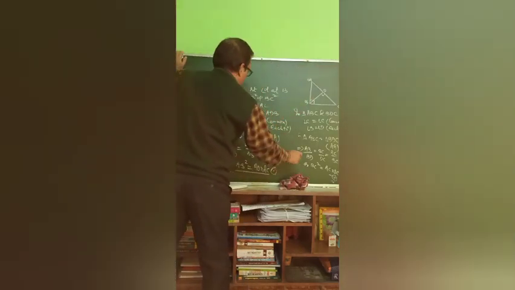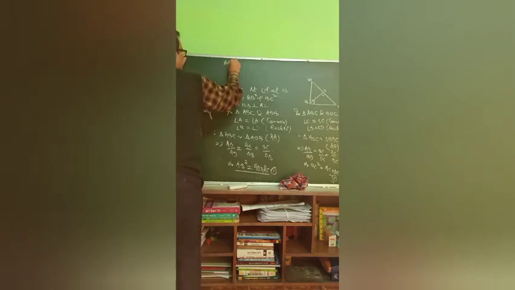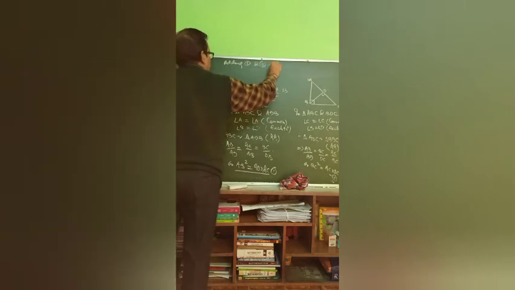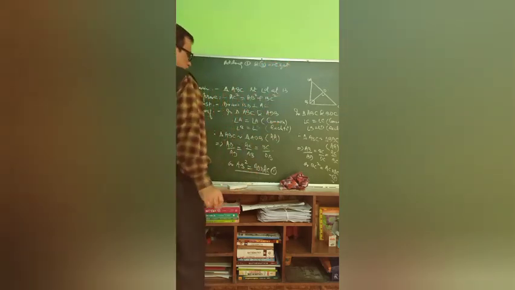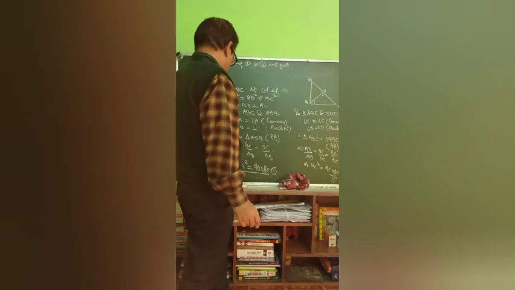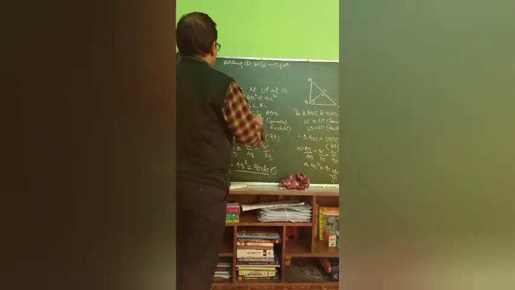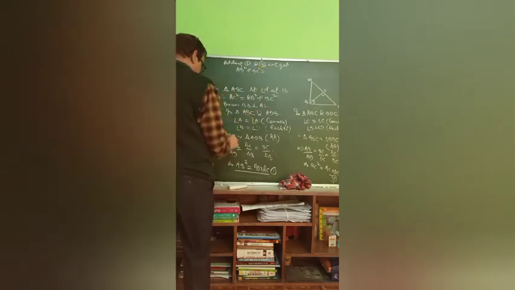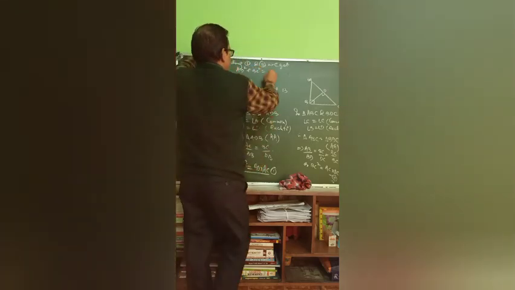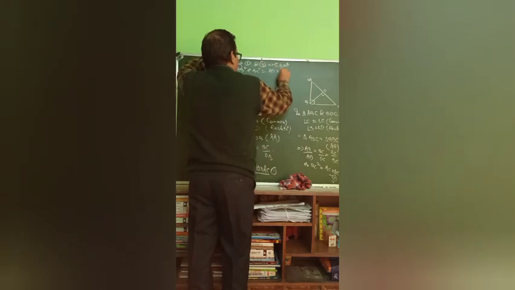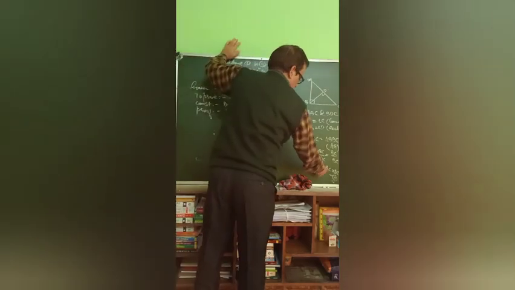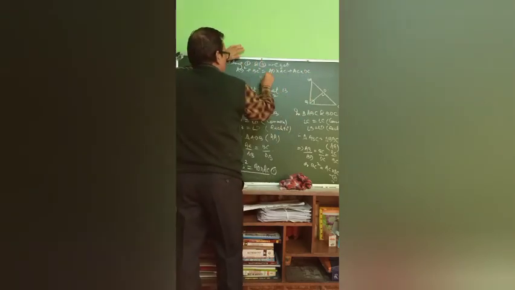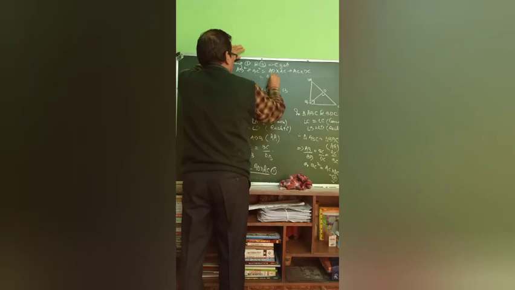Adding 1 and 2, we get AB square plus BC square is equal to AD into AC plus AC into DC. So AC common from both.